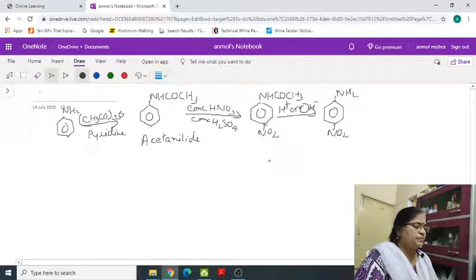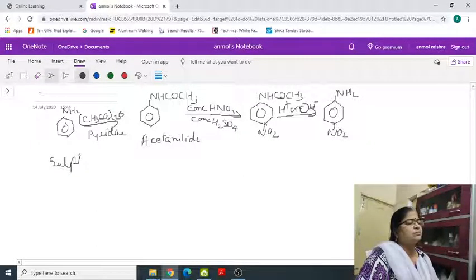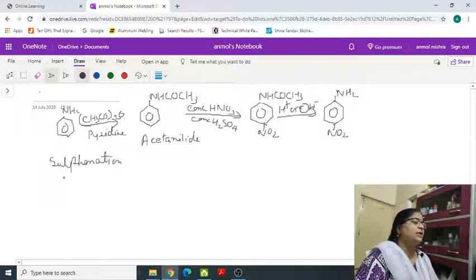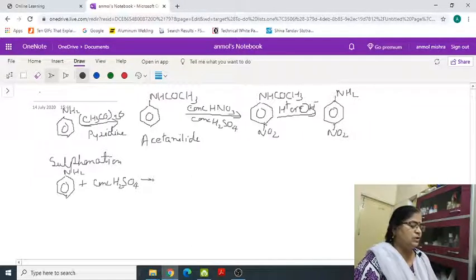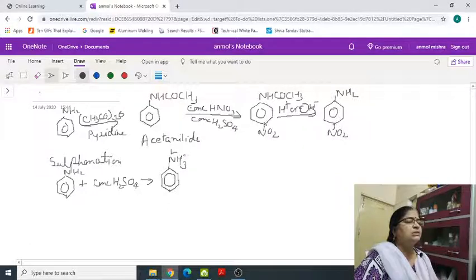Now next is sulfonation. So when aniline reacts with sulfuric acid, it forms anilinium hydrogen sulfate, NH3 plus HSO4 minus.